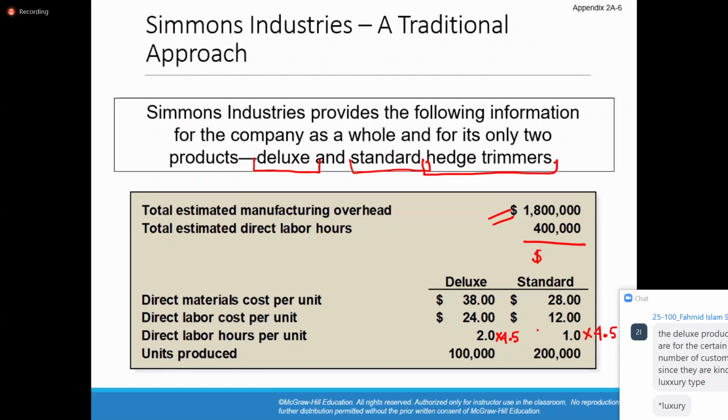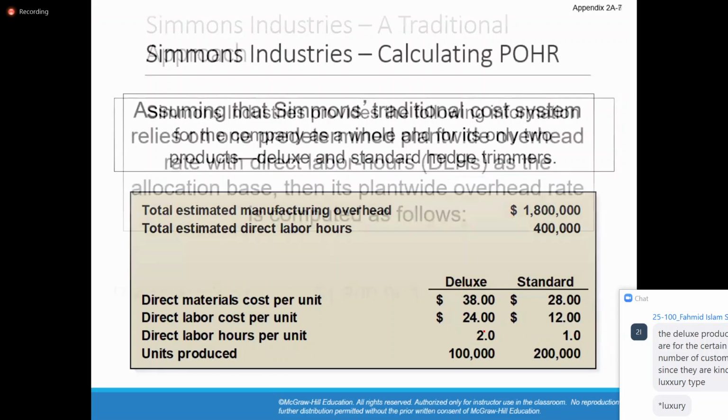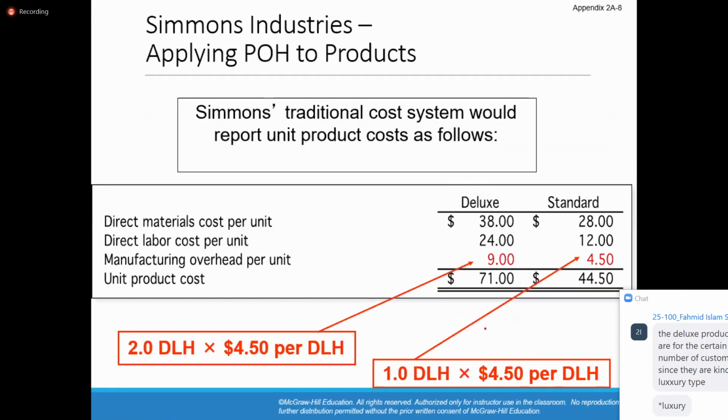If we sum this up, we will get the total manufacturing cost for deluxe product and for the standard product. Okay, we see this one. So we see the unit product cost for deluxe is 71, and for standard product, the unit product cost is 44.5. So this is the traditional approach.